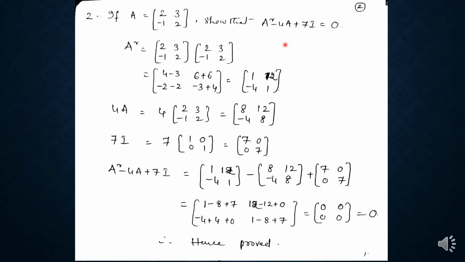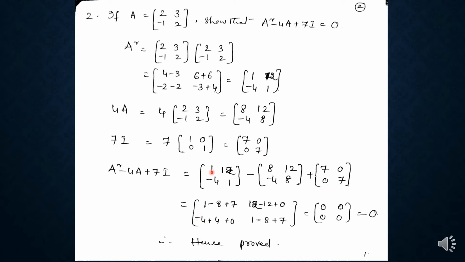So after getting A square value, 4A value and 7I value, now substitute all these values in the equation A square minus 4A plus 7I. A square is [[1, 12], [-4, 1]], minus 4A, that is minus [[8, 12], [-4, 8]], plus 7I, that is [[7, 0], [0, 7]].